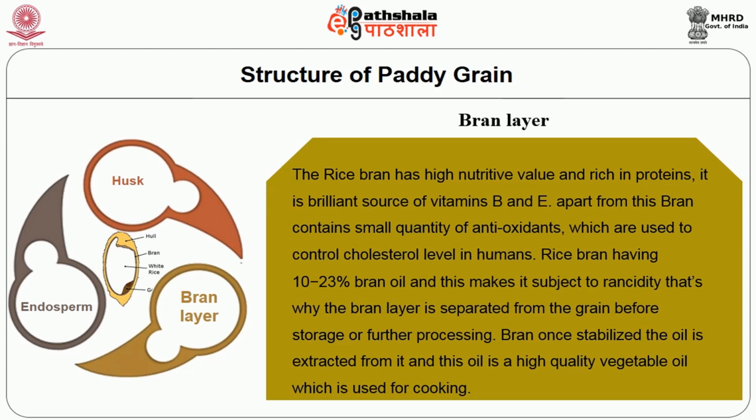Rice bran has 10 to 23% rice bran oil, which makes it subject to rancidity. That's why the bran layer is removed or separated before storing or further processing. Once the bran is stabilized, the oil is extracted from it. This oil is a high quality vegetable oil used for cooking.